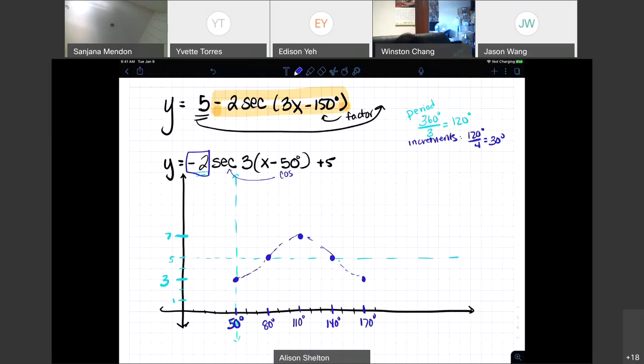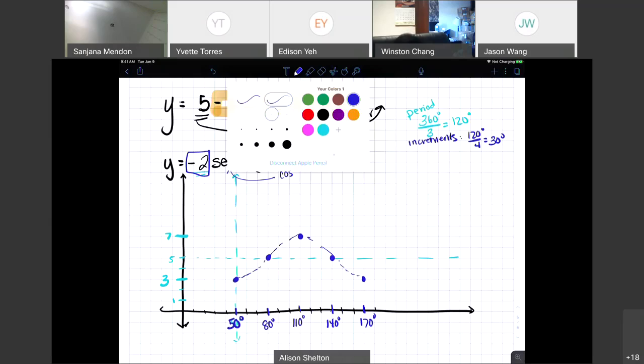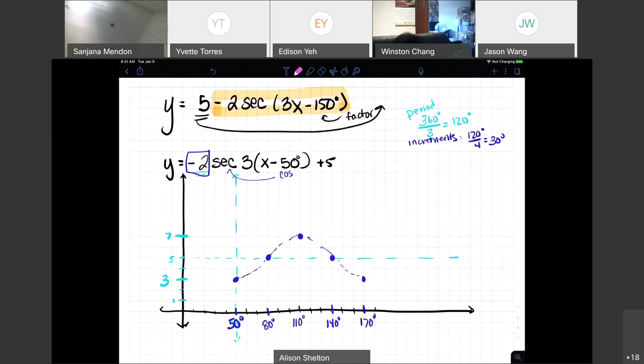Now I want to show you there's two different ways that you're going to be expected to do this depending on who your calc teacher is. First of all, everyone will expect you to have these asymptotes shown right here, the one that goes through 80 degrees and the one that goes through 140.